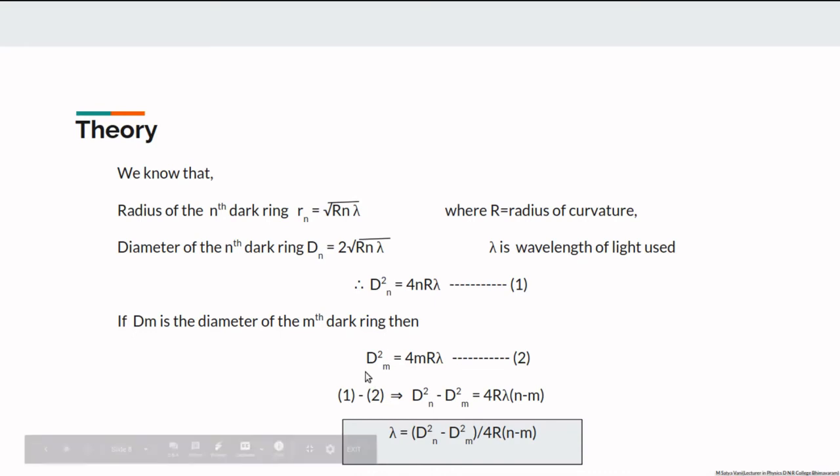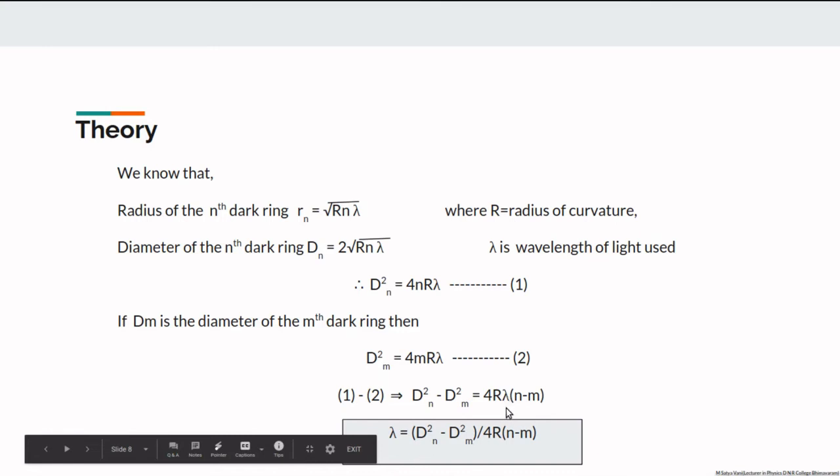If you subtract these two equations, dn square minus dm square is equal to 4R lambda into (n minus m), where dn square is the square of the diameter of the nth ring, dm square is the square of the diameter of the mth ring, R is the radius of curvature, lambda is the wavelength of light, and n and m are the numbers of the rings.